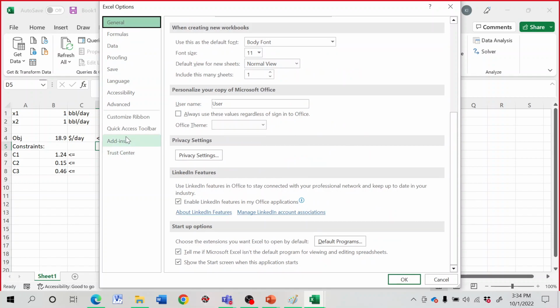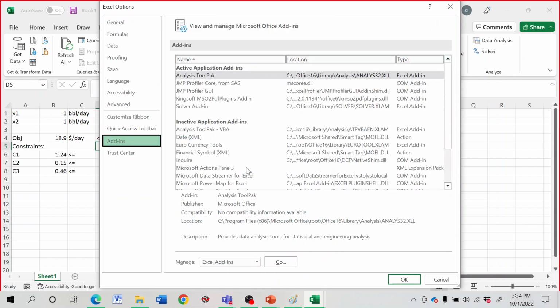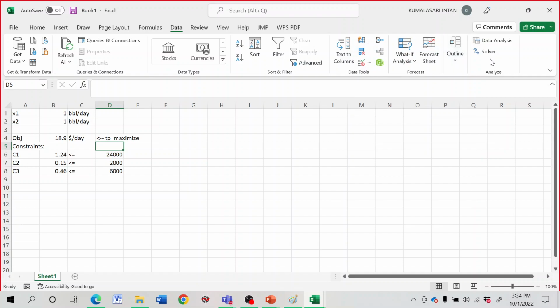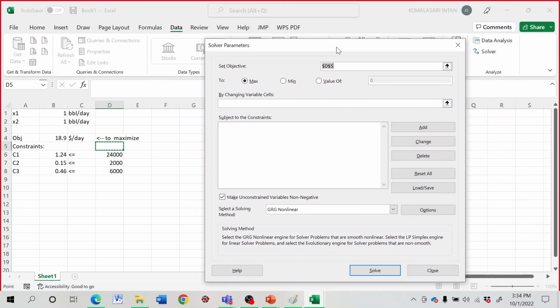Sorry, Add-ins. You go to Add-ins, then Excel Add-ins, and click Go, and you have the Solver Add-in. So tick this, because I have already ticked this. You tick this, click OK, and then it will give you the Solver. So that's Solver.